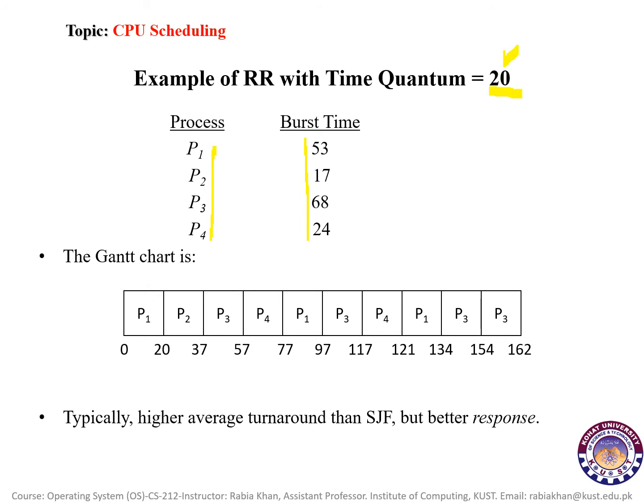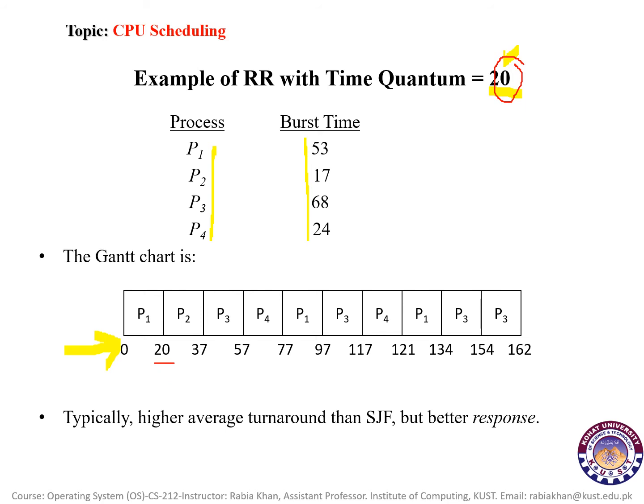Now let's draw the Gantt chart. Here you can see the first process P1, CPU time starts from 0. Its CPU time is 53, but the CPU is assigned to it for just 20 milliseconds, as we had set the quantum at 20. So after 20 milliseconds, P1 is preempted and added to the tail of the ready queue.